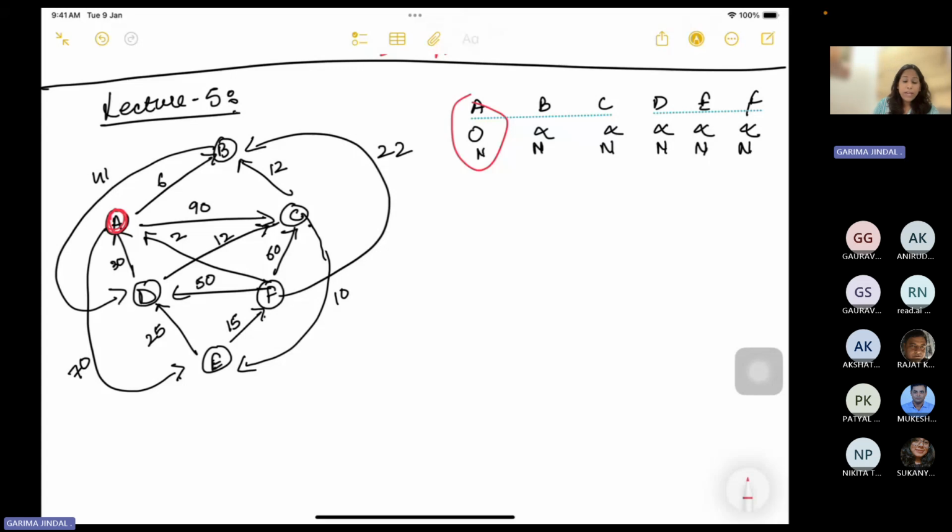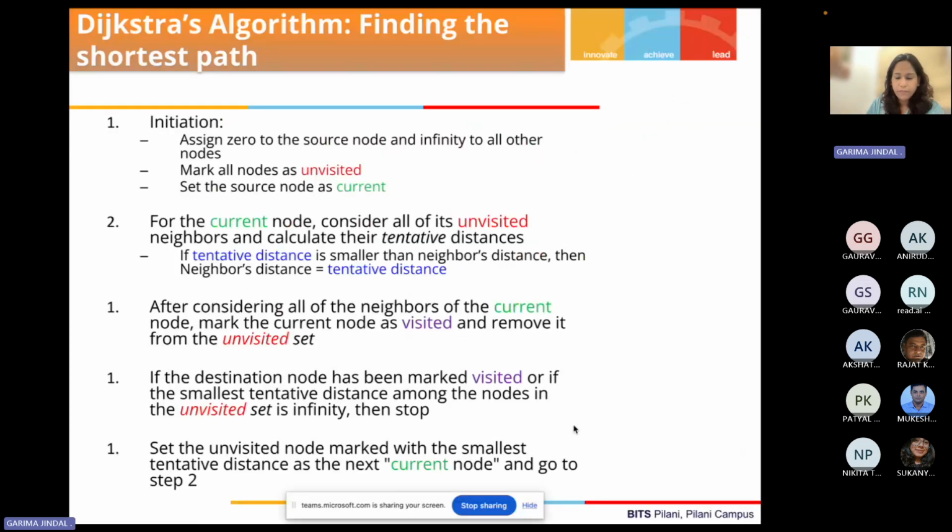Now let us see what the cost function is. Initially we have initialized the distance to all the other nodes as infinity. Whenever we start, we identify all the nodes that can be visited from the starting node.